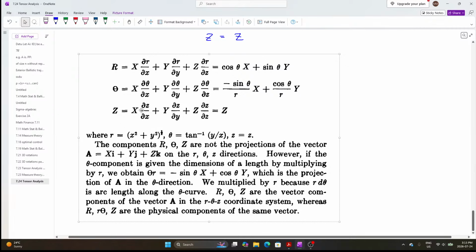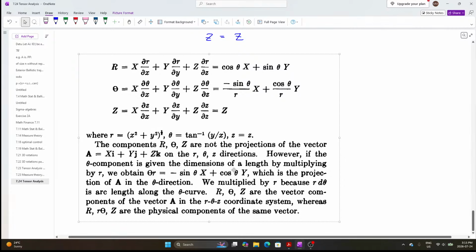Is there a mistake? It says the components R theta Z are not projections of the vector big A onto the R theta Z directions. However, if the theta component is given in the dimension of the length by what? Okay, I'm a little bit confused.